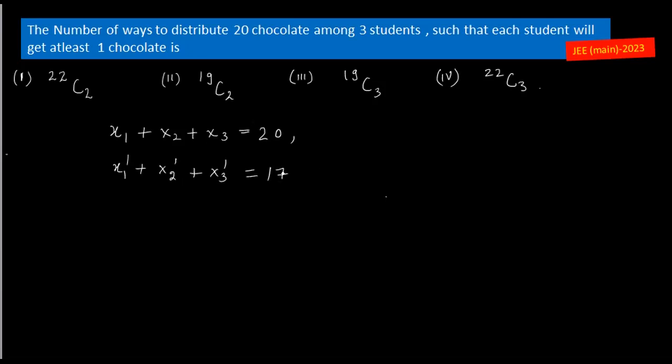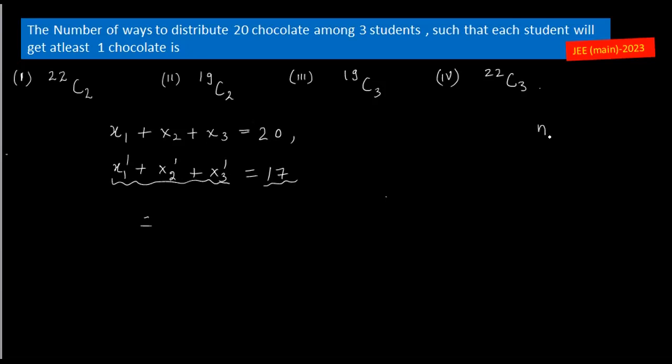Now, the number of ways to distribute is the same as the number of non-negative integral solutions of this simple equation. And here n is 17 and we have to distribute this among 3 students. The formula is very simple.